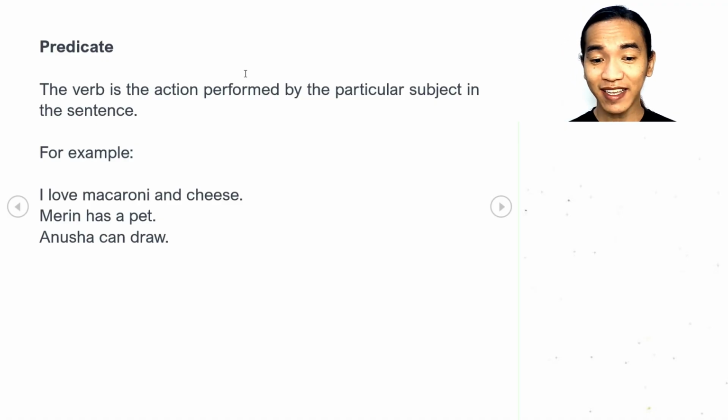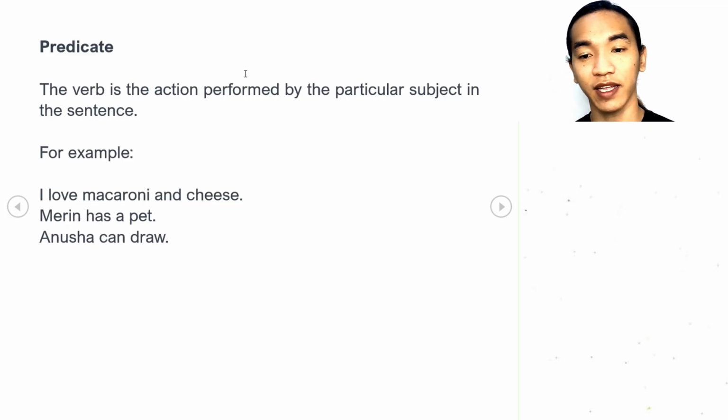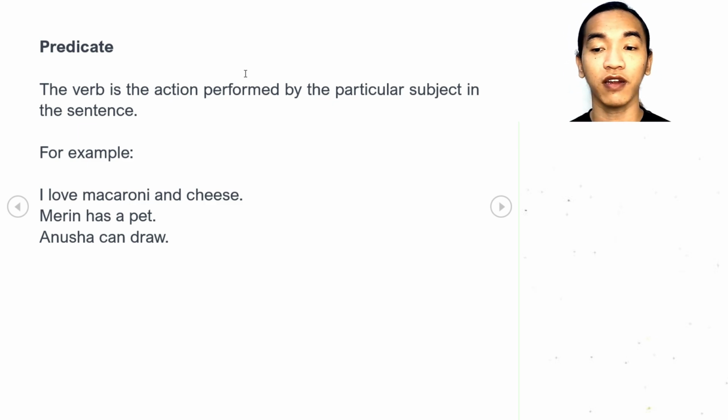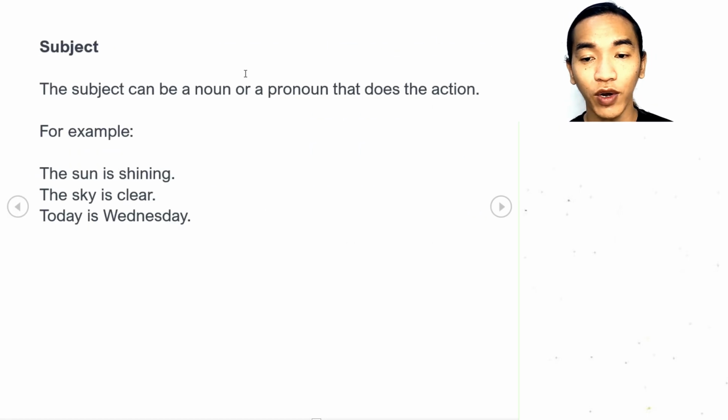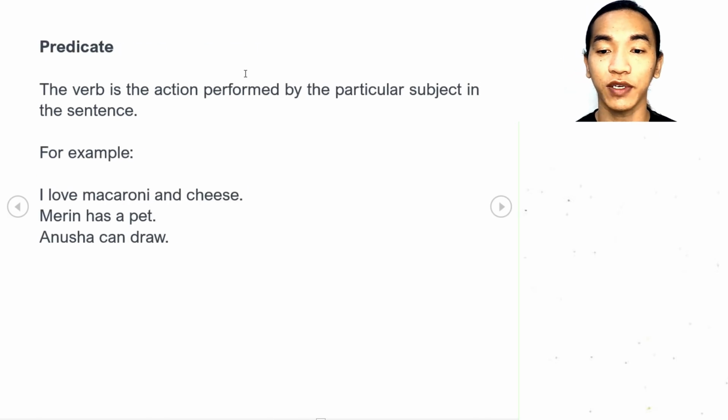Has a pet is your predicate. Anusha can draw. Can draw is also your predicate. So your predicate contains the verb and also other components of the rest of the sentence. So these are just the two main parts of your sentences, your subject and also your predicate.